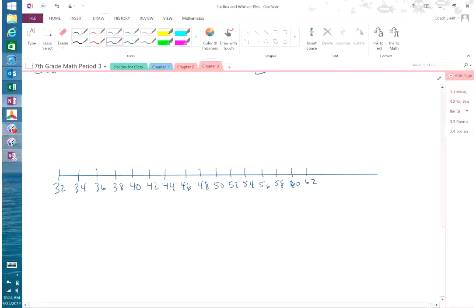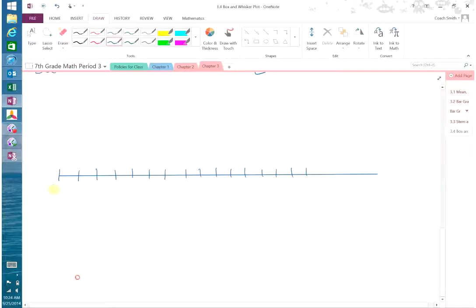Okay? So there's not enough room, then I need to do something else. Here's what we'll do. Okay? I'm going to go by fours.